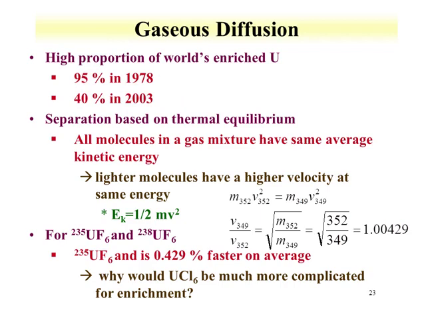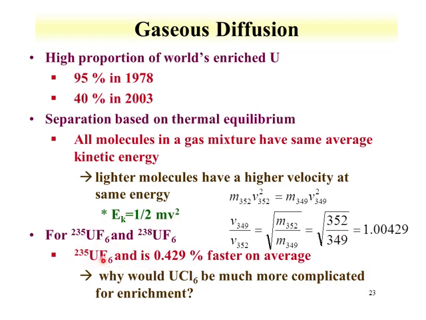Gaseous diffusion is based upon thermal equilibrium. If all molecules in a gas mixture have the same average kinetic energy, 1/2 mv squared, then the isotope with the lighter mass will have a higher velocity on average.